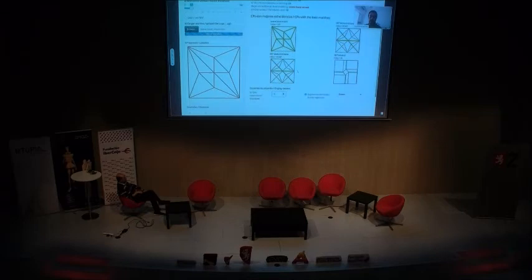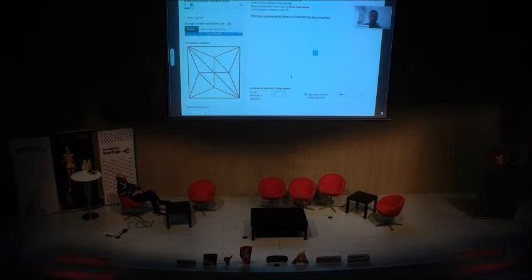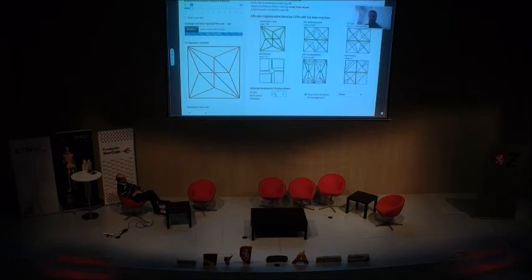We can increase the number. I think I have a problem with the size showing here. Give me a moment. So we have the first one, and we can increase the number in this case.